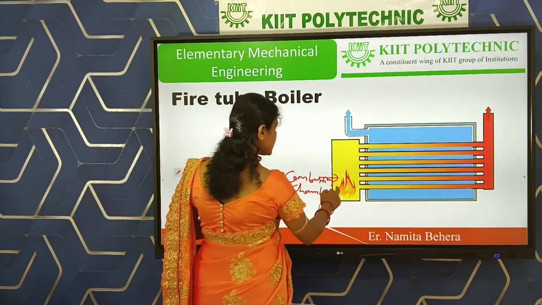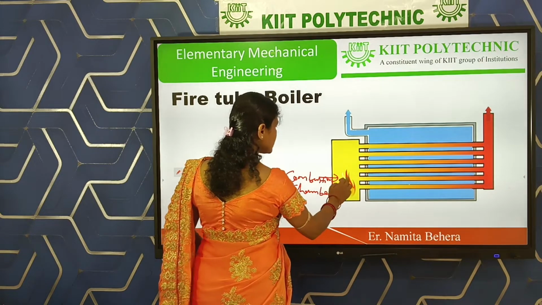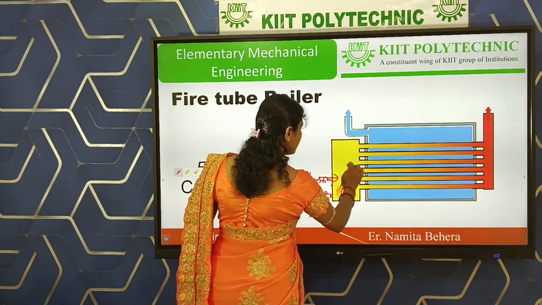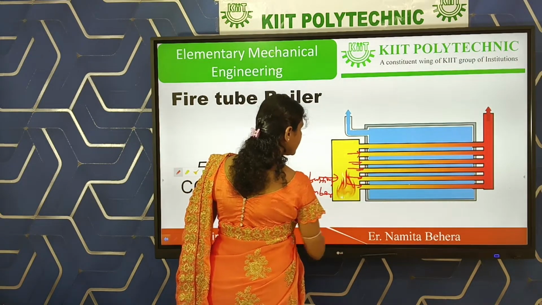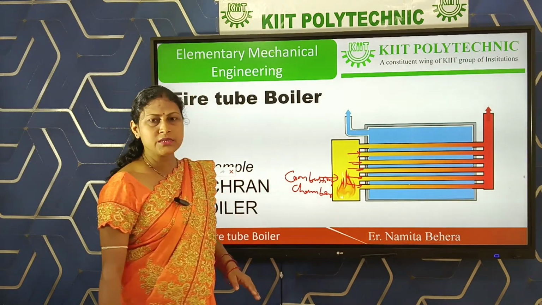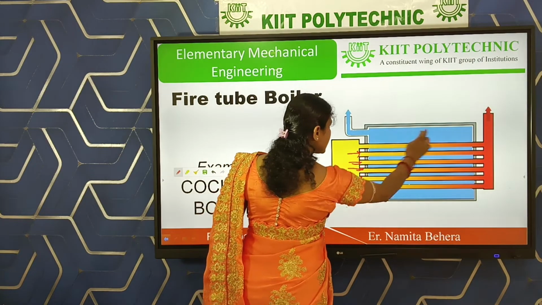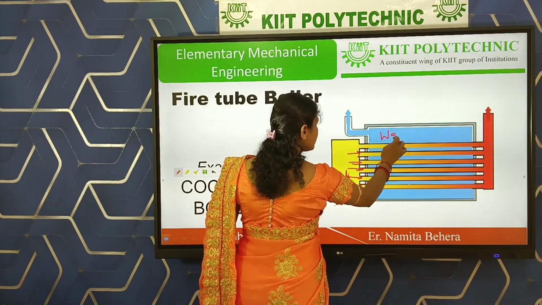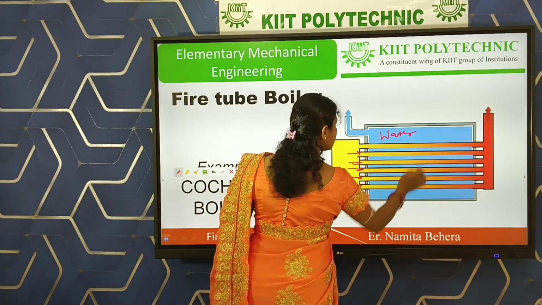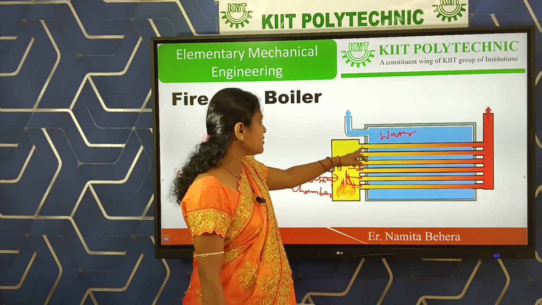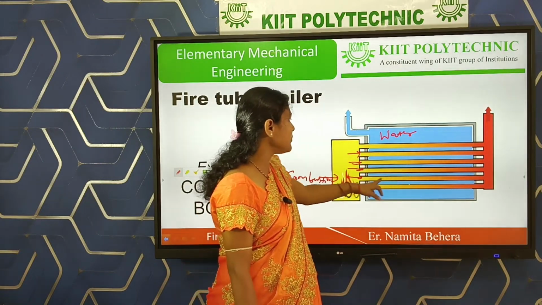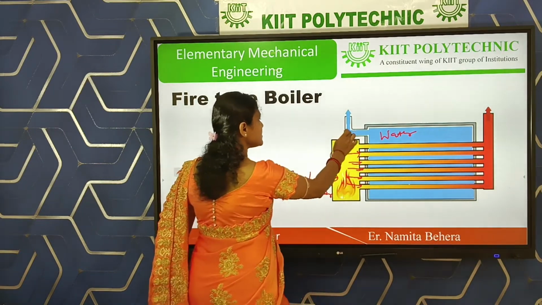Then the hot gases, flue gases go from the combustion chamber to a number of tubes, called multi fire tubes. Then this is called a chamber. Inside the chamber, water surrounds the outside of the tubes. So water and the hot gases inside the tubes come in contact with each other to form steam.